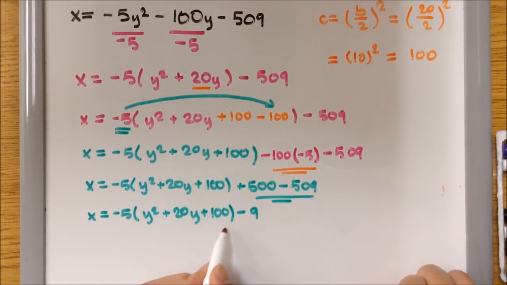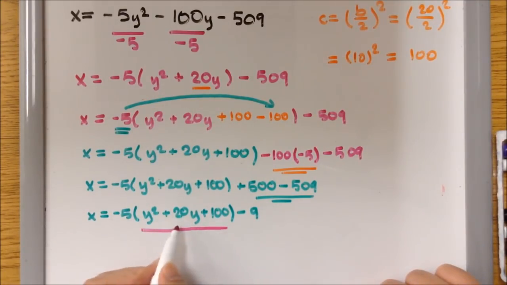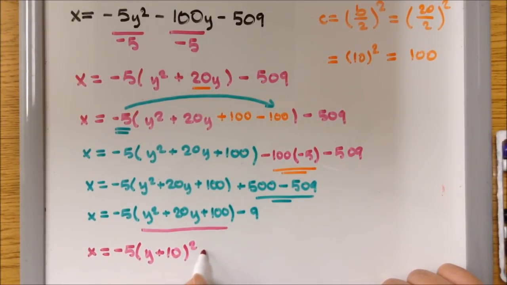Next, we're going to factor this. When you factor this, this is what you're going to have, because this is a perfect square trinomial. If it's a perfect square trinomial, it will be a perfect square binomial, which will be y plus 10 squared, and then -9. So when you factor y squared plus 20y plus 100, it will become y plus 10 squared.